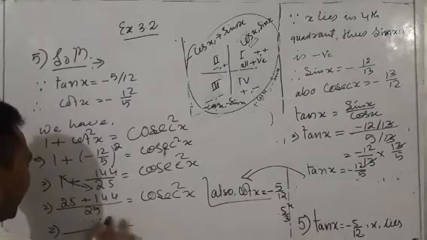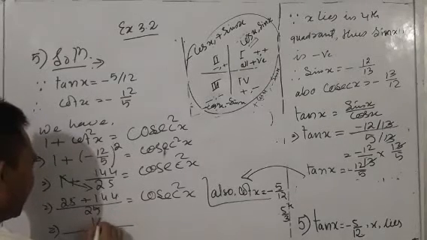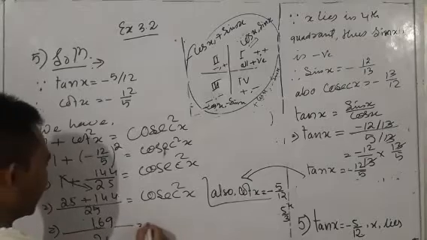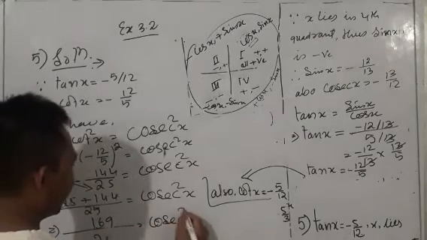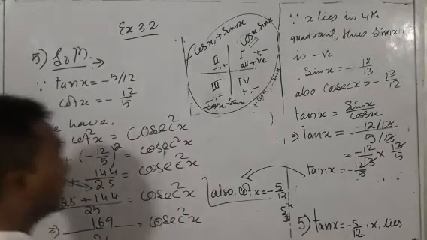Now let us find the square root of 169 upon 25, that is cosec square x.